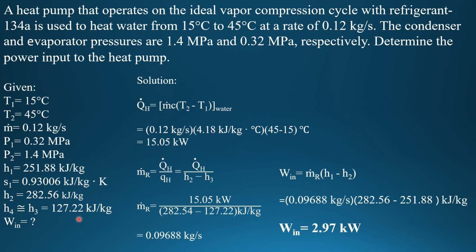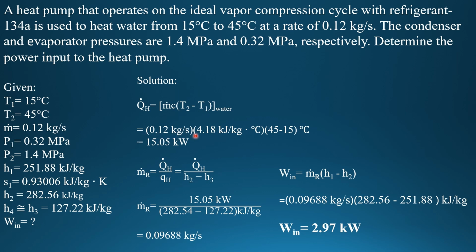Next, we have another equation: the heat of our heat pump is equal to the mass per unit time times the constant pressure specific heat times the change in temperature, that is the temperature at state 2 minus the temperature at state 1 of our water.